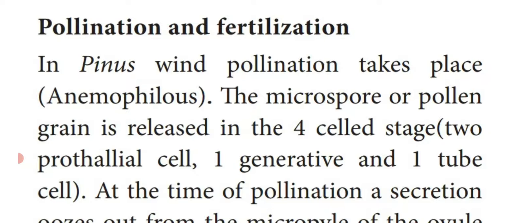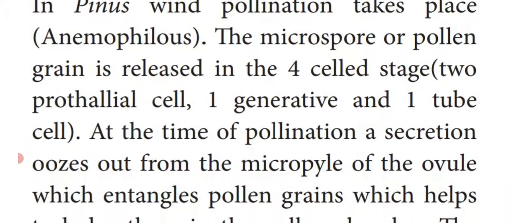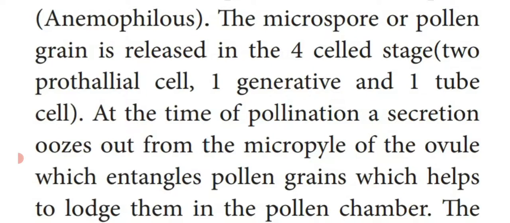Then the pollen grains which are produced in the male cone are released in the 4-celled stage. I told you 4-cell, isn't it? 2 prothallial cells, prothallial meaning body cell, 1 generative cell, that is the reproductive cell, and 1 tube cell. So the condition of the pollen grain is 4-celled stage.